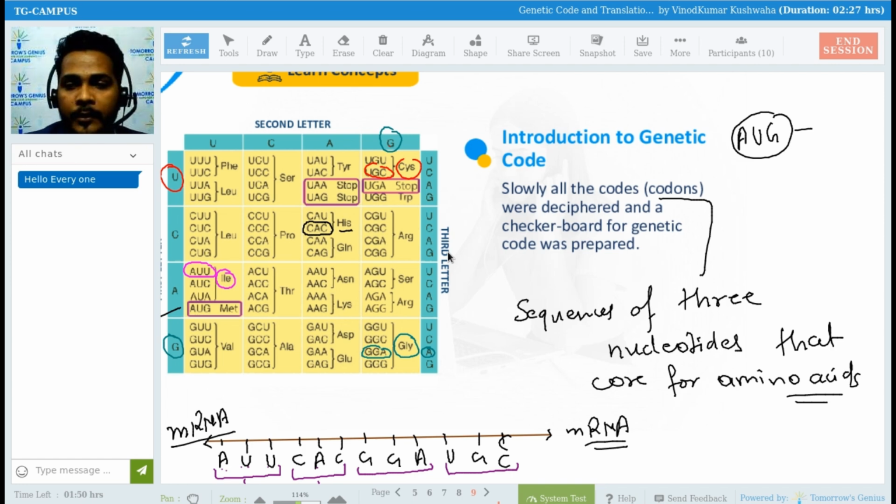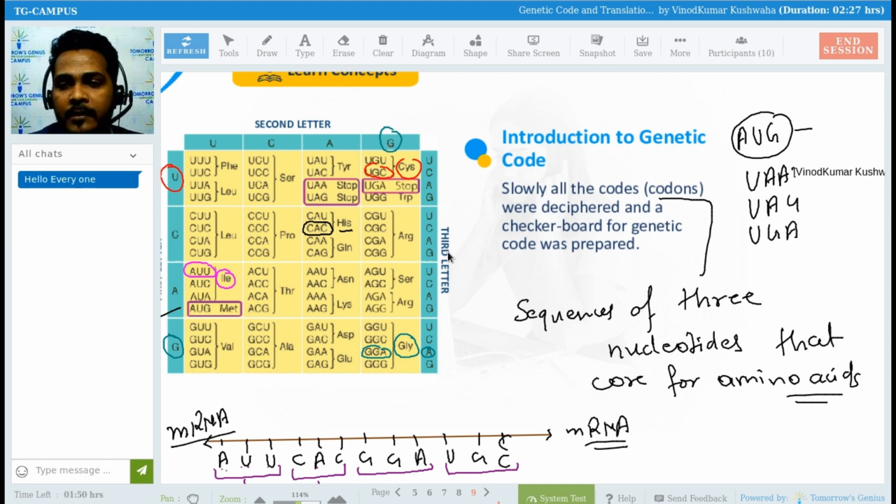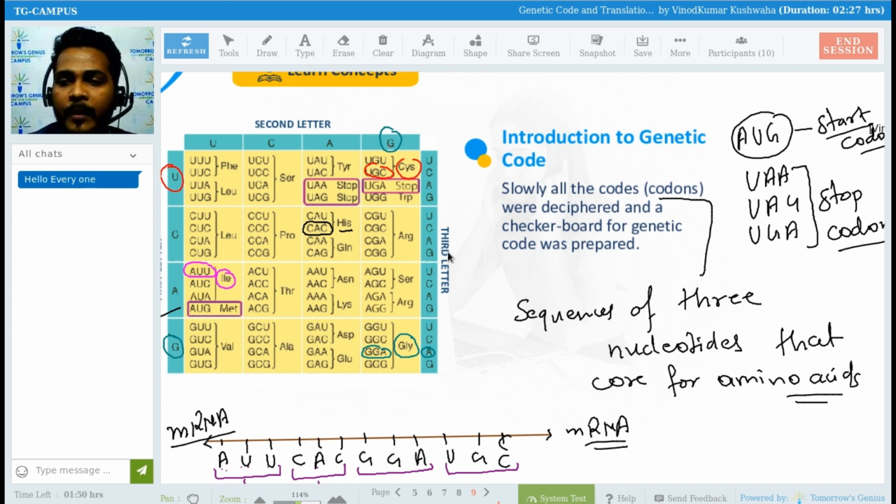Another is UAA, UAG, and UGA. These three are called stop codons. And this AUG is called the start codon. This is a start codon and these are stop codons. You have to remember that.